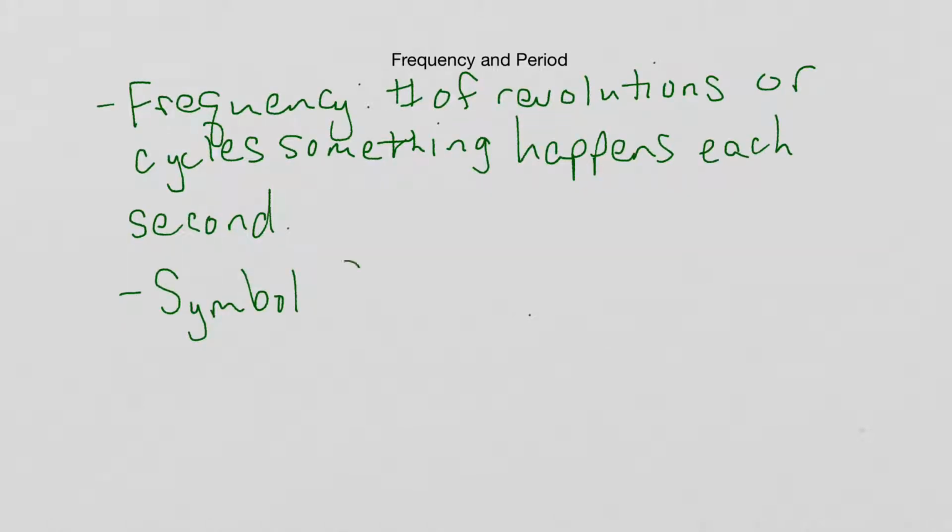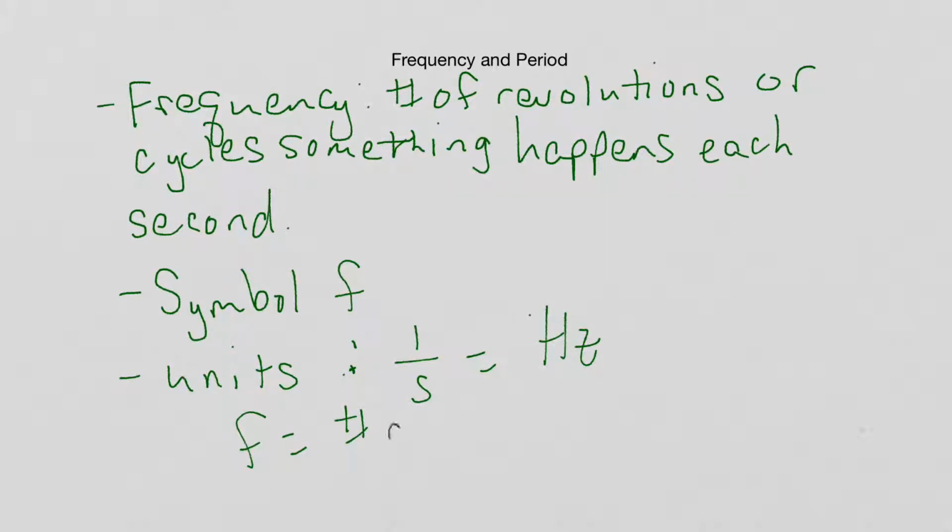Its symbol is f, and its units are 1 over second, which is equal to hertz. f is equal to the number of cycles per second, which is also the number of revolutions per second.